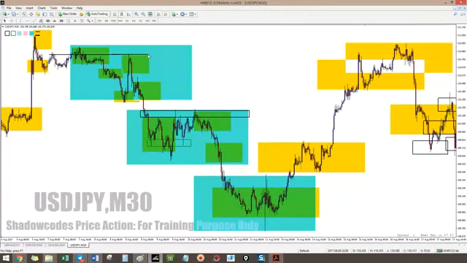Okay, for example, you sell here. And then you have your take profit 1, and then take profit 2, and then where is your maximum take profit?